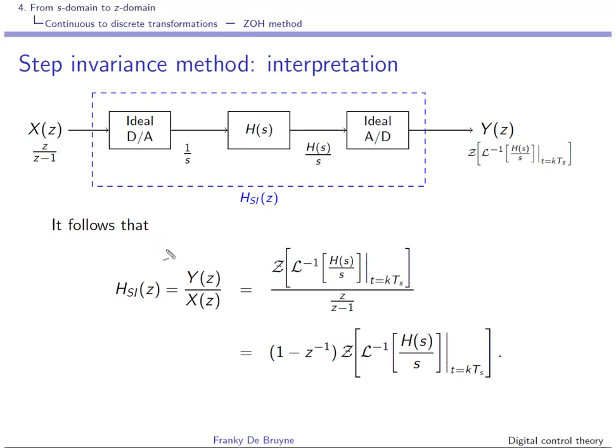The transfer function is the z transform of y of k divided by the z transform of x of k. This is what you obtain, and you can rewrite it like this if you're using the variable z minus 1 instead of the variable z.